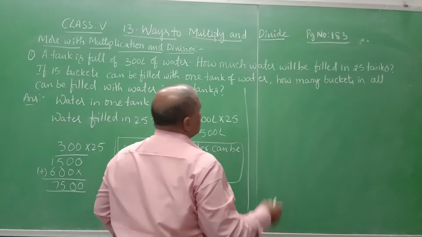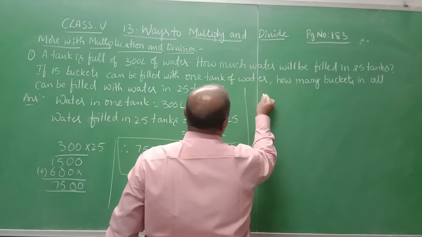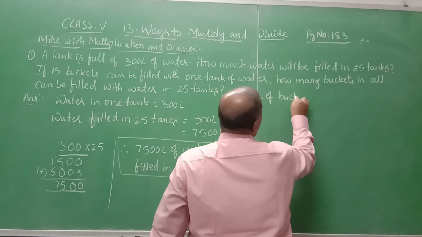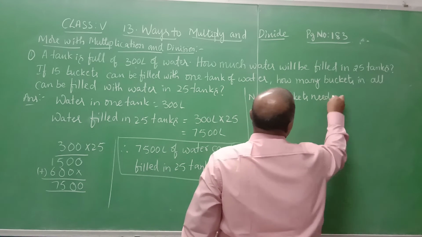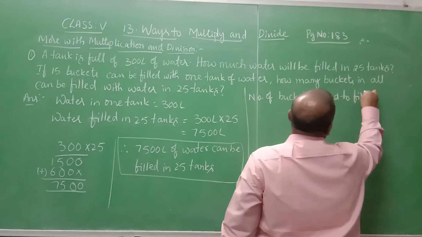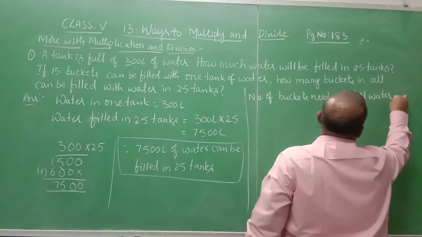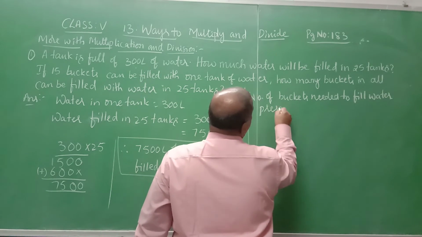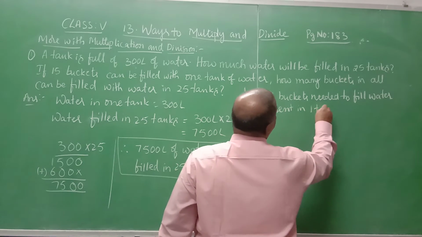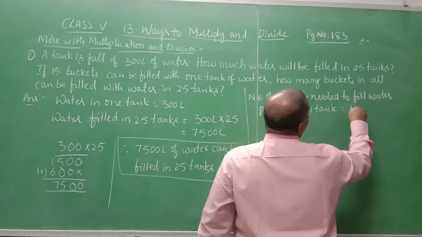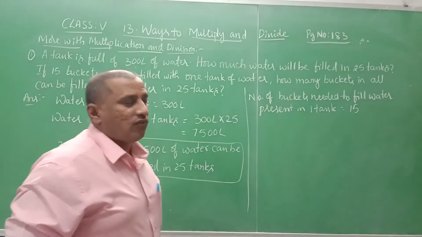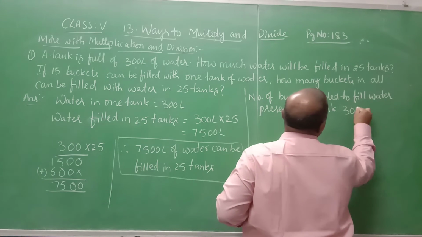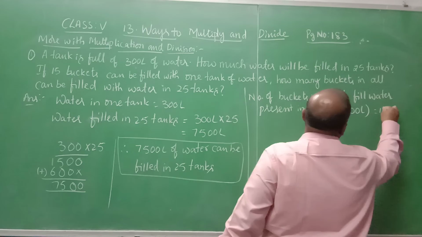Now, see here. That is the statement. What is the statement? The number of buckets needed to fill the water present in one tank. How much is it? 15 buckets. Now one tank has how many liters? It is 300 liters of water. To fill this, 15 buckets are needed.